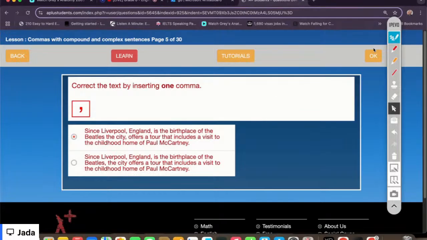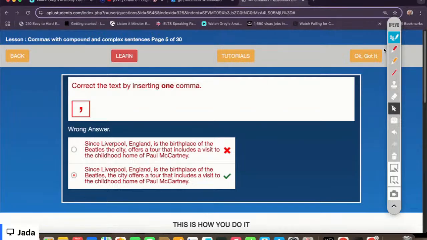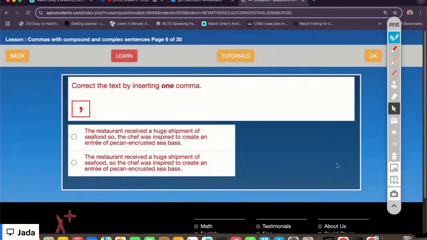So we have the first one, the second rather.